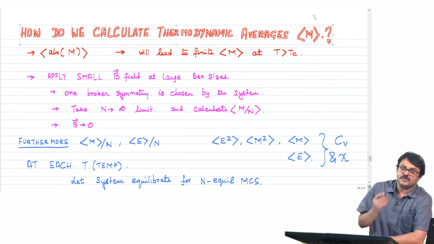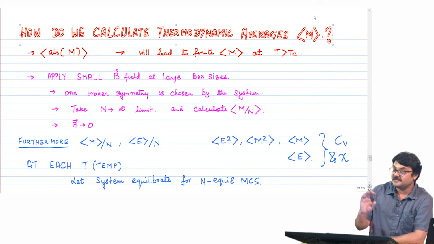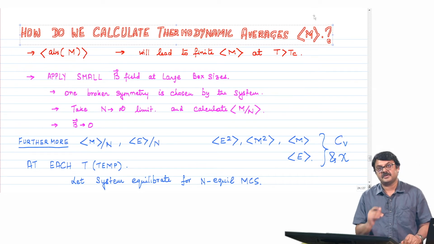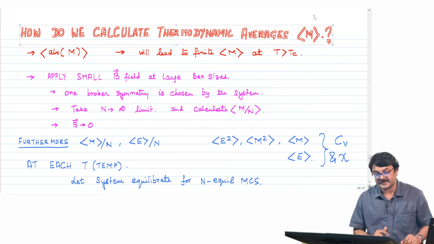Okay. So, for temperature less than Tc, we do not know how to calculate Tc yet, we will discuss it, but let us suppose we knew it, then we could get 0 magnetization.